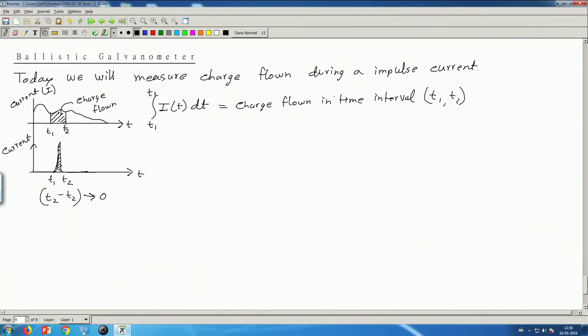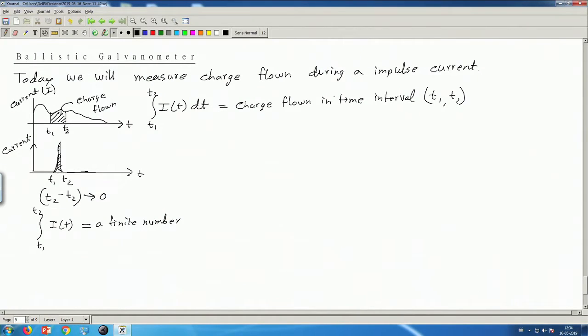This is what happens for an impulse current. But if we perform the integration of this current i(t) within this time, this should be a finite number. That means the amount of charge that flows within this time is not 0.